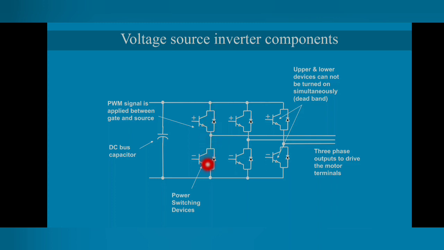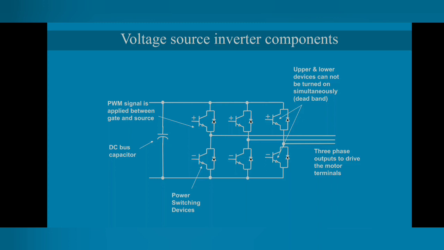If we turn on both switches at the same time, the DC source will get short circuited, and a huge current will flow in the circuit. To avoid this, when this switch is turned on, this switch should be turned off, and when this switch is turned off, this switch should be turned on. So these two switches are turned on and off in a complementary fashion.